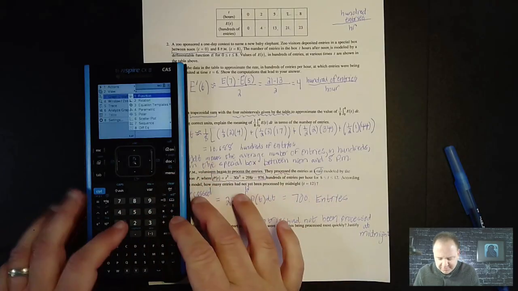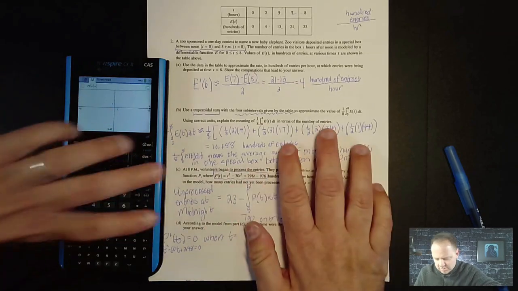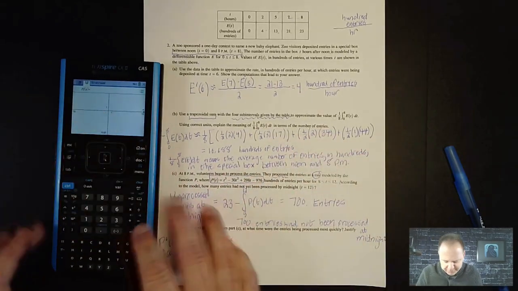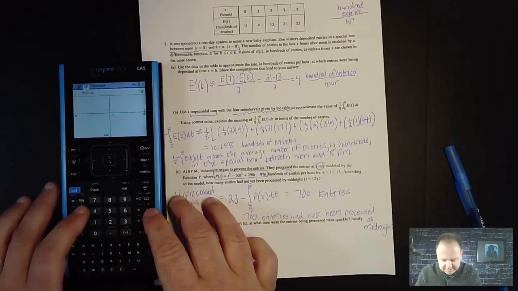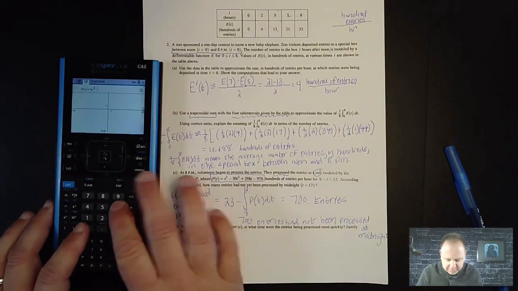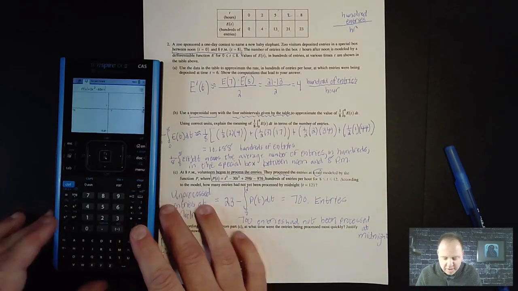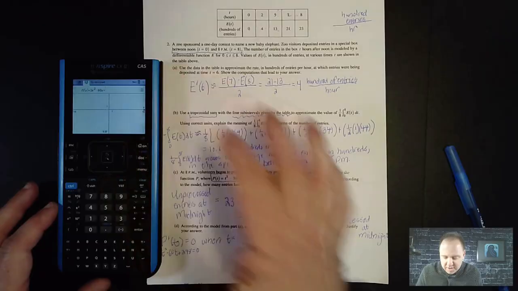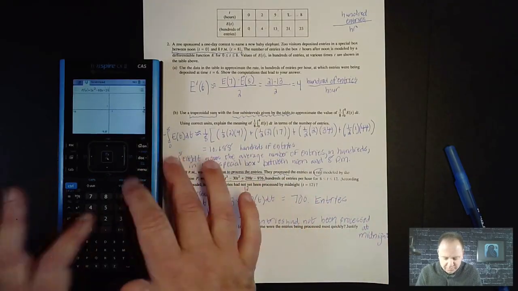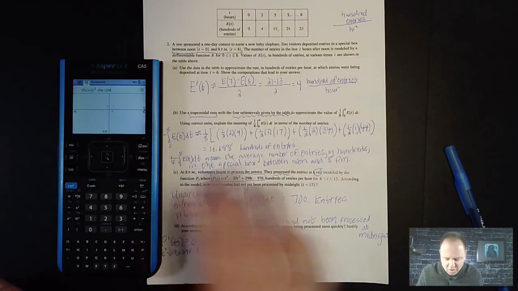graph entry, edit, function. Let's plug in the derivative, which was 3x squared minus 60x. Now you're seeing why I leave everything in terms of x, because I can go back and forth between my scratchpad and my graphing utility. Just do a quick double check, make sure I didn't plug anything in wrong.